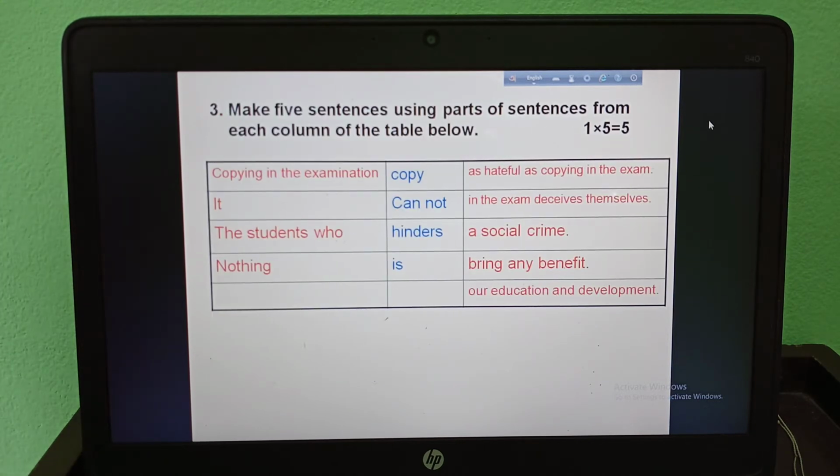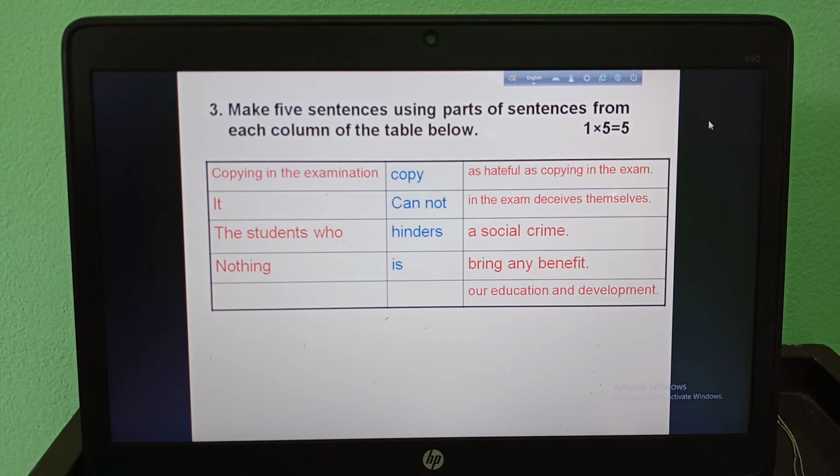Next, in question number 3, you will get a table to make 5 sentences using 3 columns. To make a sentence, we have 3 important parts: the subject, the verb, and the extension. The extension can include the object and other parts of speech.